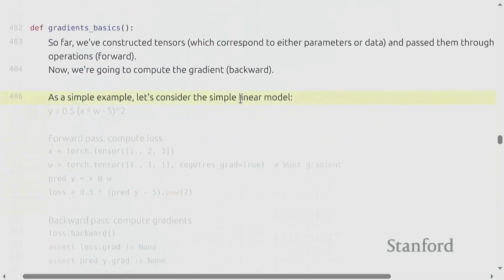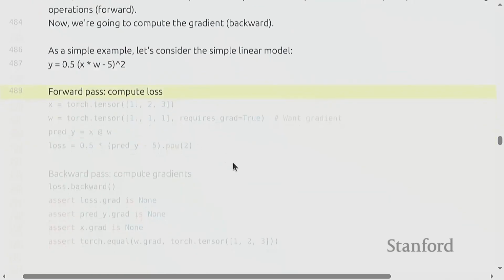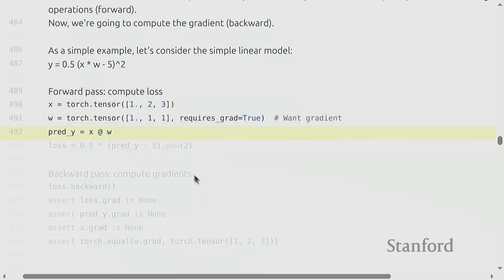Okay. So just to consider a simple example, a simple linear model, where you take the prediction of a linear model and you look at the MSE with respect to 5. So not a very interesting loss, but I think it's illustrative for looking at the gradients. Okay, so remember in the forward pass, you have your x, you have your w, which you want to compute the gradient with respect to.